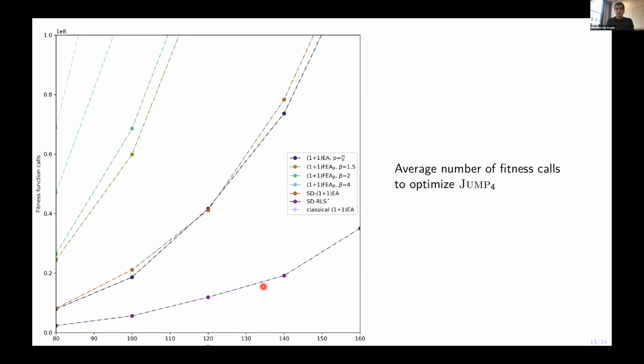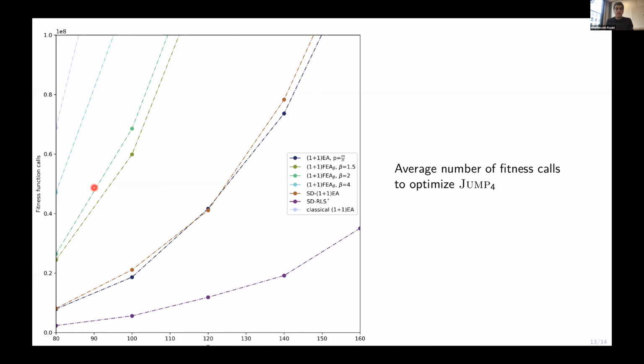The fastest algorithm with global mutation is the classical 1+1 EA with constant mutation rate 4, which is the size of the jump. The next algorithm is 1+1 EA with stagnation detection. It performed roughly the same compared to the 1+1 EA with a static mutation probability, even though it doesn't need to know the gap size.